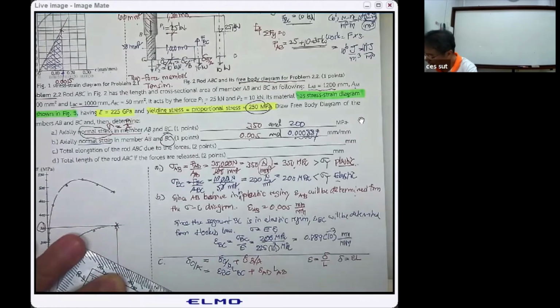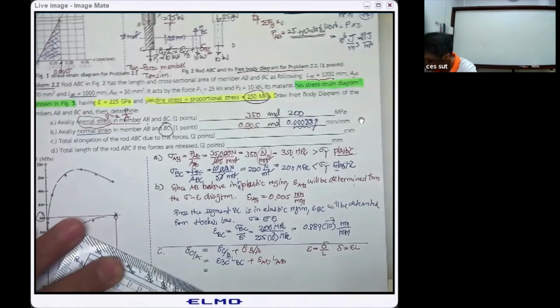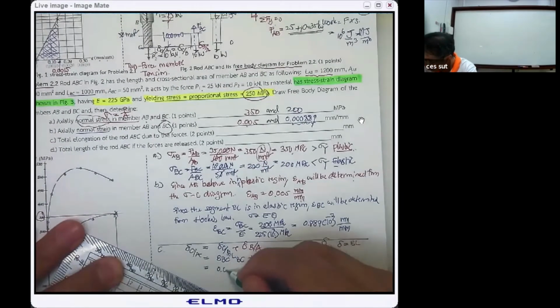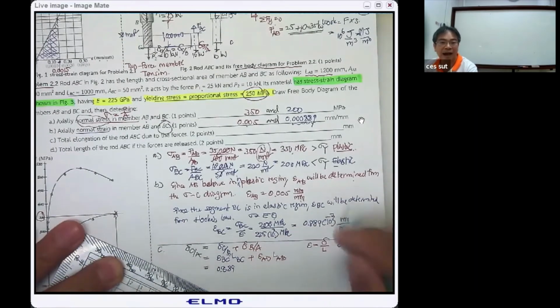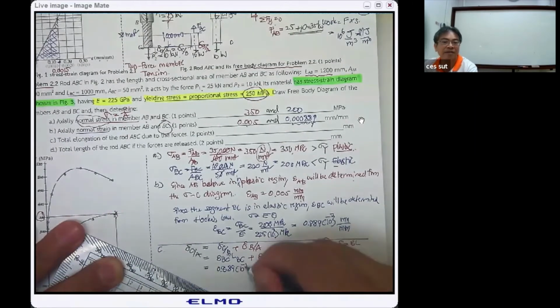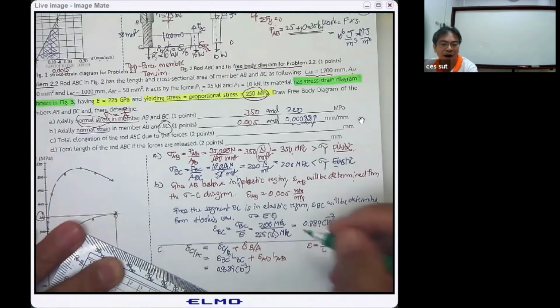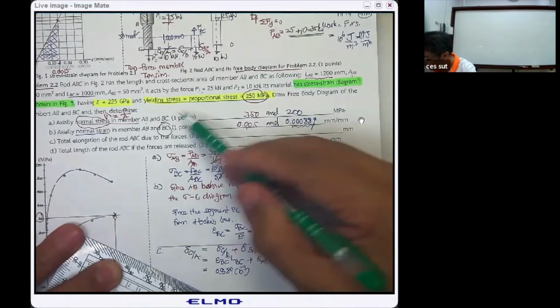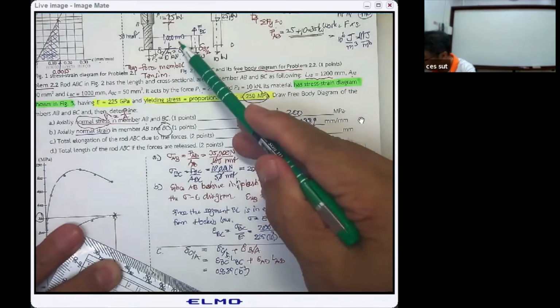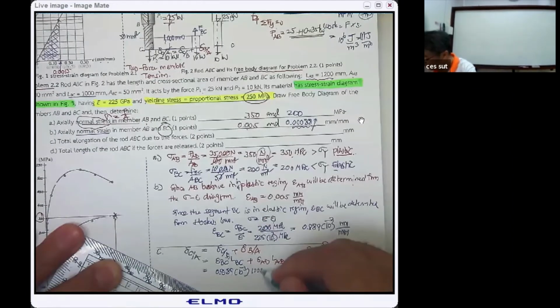Based upon this, we can determine this one from 0.889 times 10 to the minus 3. And you can see the BC has the length of 1000 millimeter. You just multiply this by 1000 millimeter.